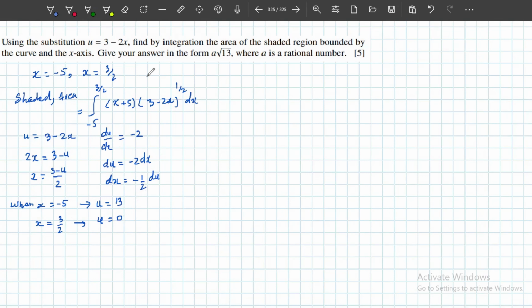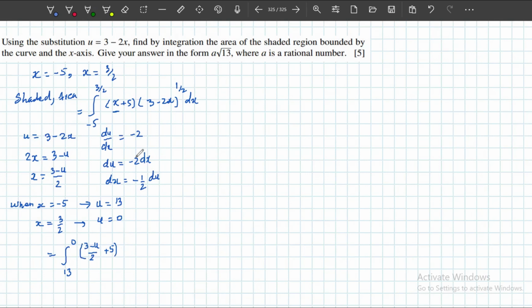So our required equation will be: first, in place of minus 5, I would say 13, and in place of 3 by 2, it becomes 0. After this, we have x plus 5. In place of x, I will substitute x equal (3 minus u) over 2, plus 5.